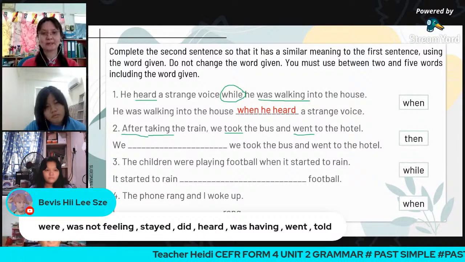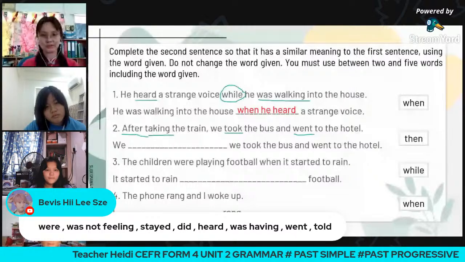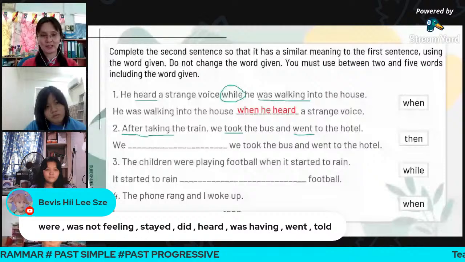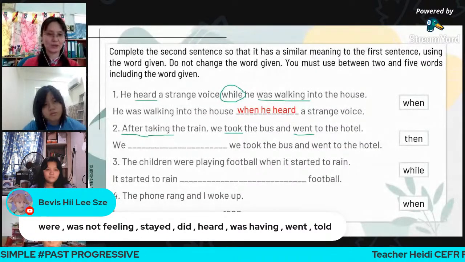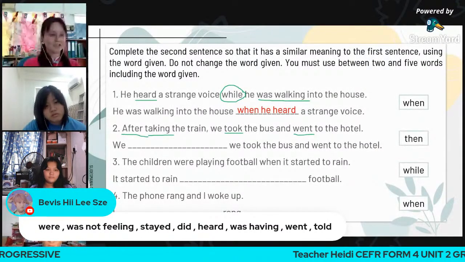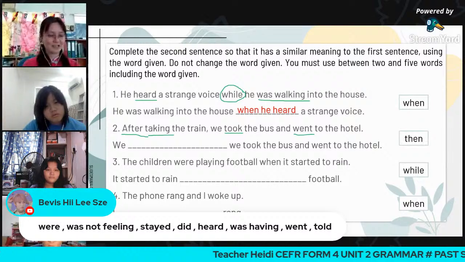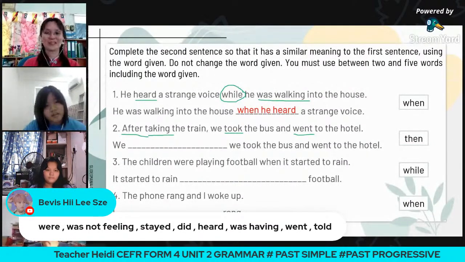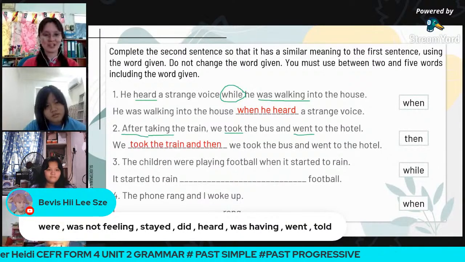We took the bus and went to the hotel. We, how are you going to put the word? We were taking the train then. Okay, we were taking the train then.